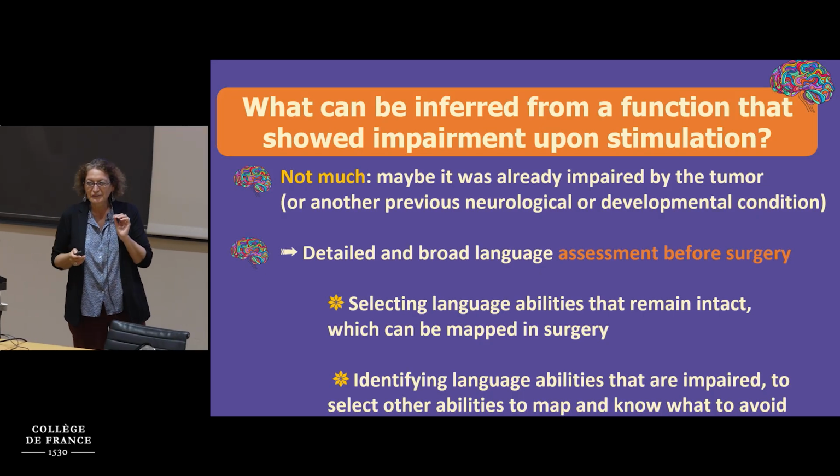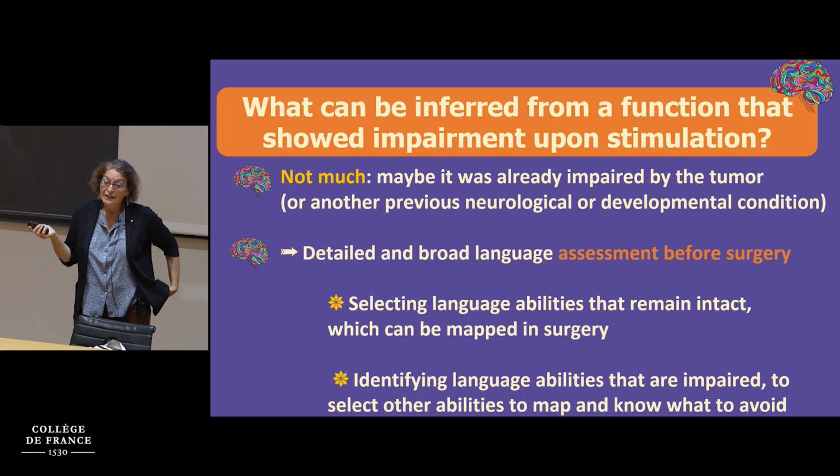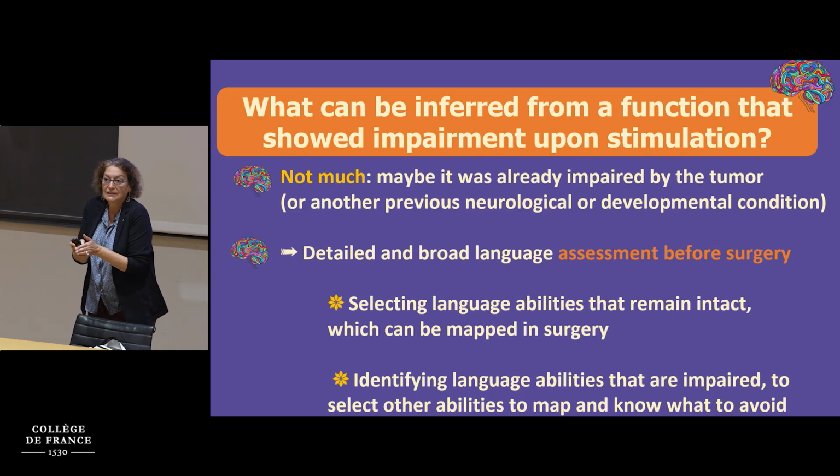So, for example, if the patient has a reading impairment, someone told me this morning, okay, if the patient already has a reading impairment, you can sacrifice their reading. So our idea is that we don't sacrifice their reading. We identify exactly what is impaired, for example, in reading. Maybe he has a problem already in reading non-words. So in surgery, we'll assess real words.